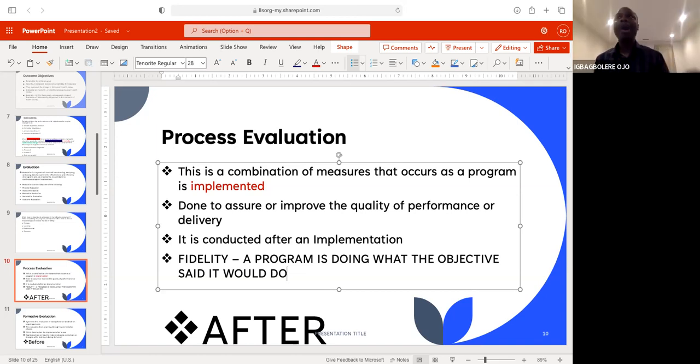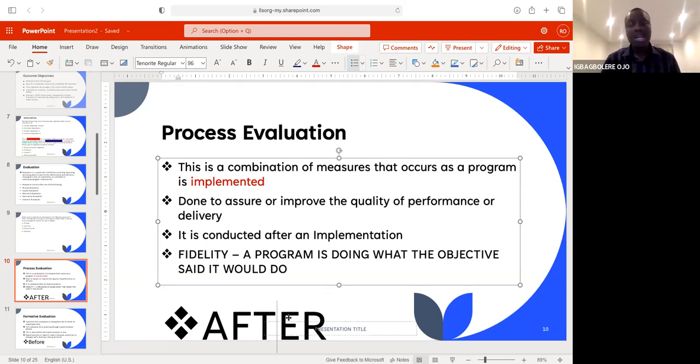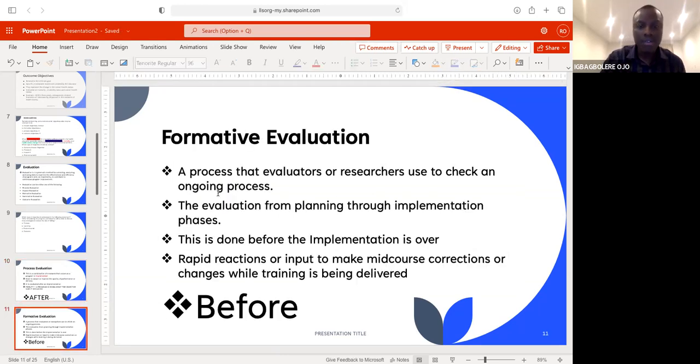No, we are doing it to know if you as a health education specialist followed the objectives of the program. That is the major talking point here. I have highlighted the word after. It is important to me. Please, a process evaluation is only done after an implementation has taken place. All right? Next one. A formative evaluation.